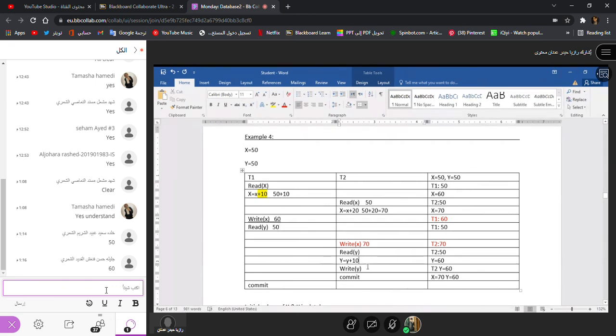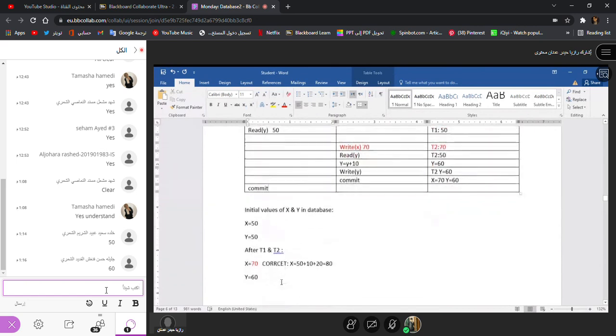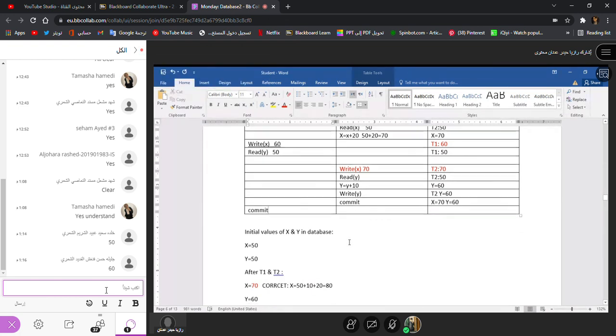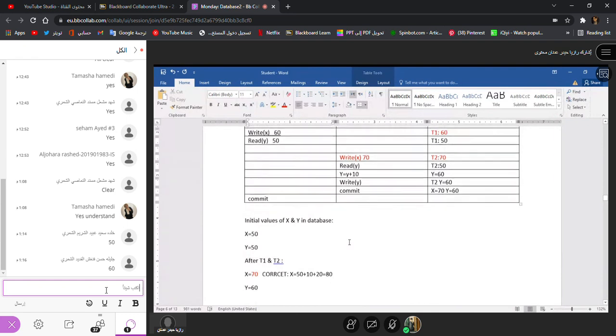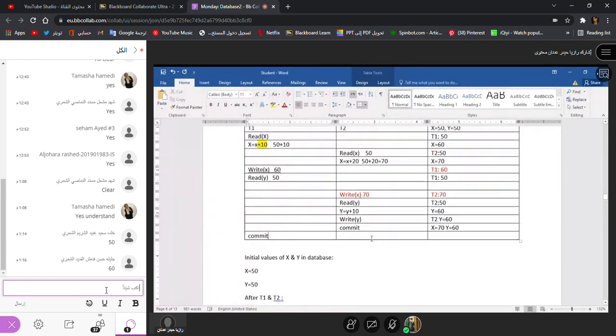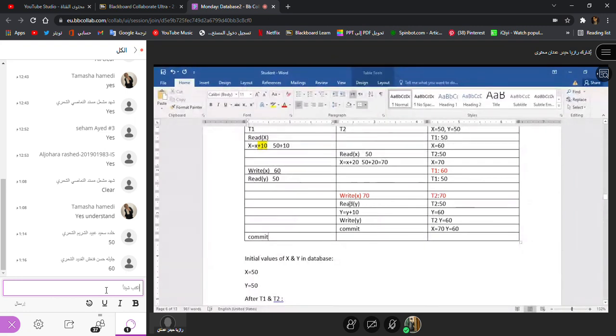Read y 50, 60, 60, commit and commit. So this one is also committed and this one is also committed. And our y is no problem, because this one was only reading, it was not doing any writing.